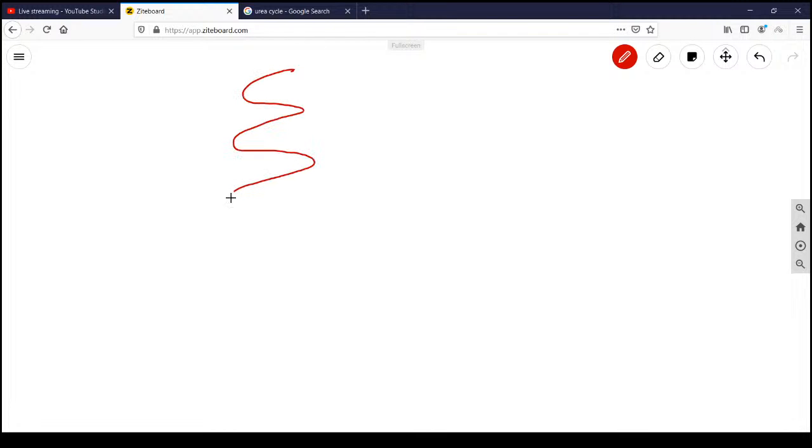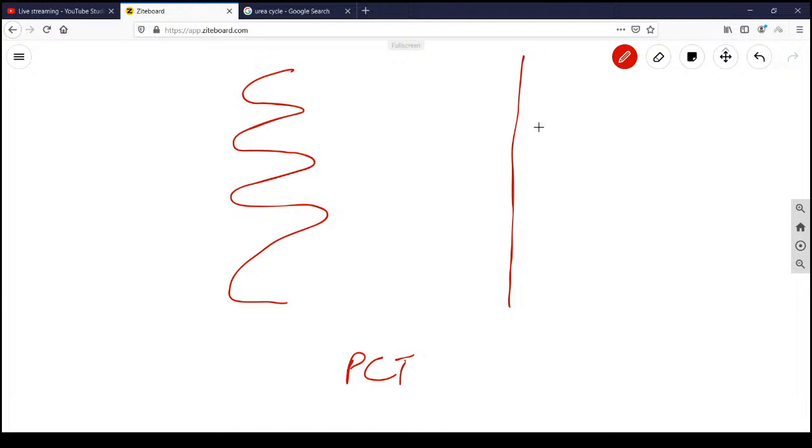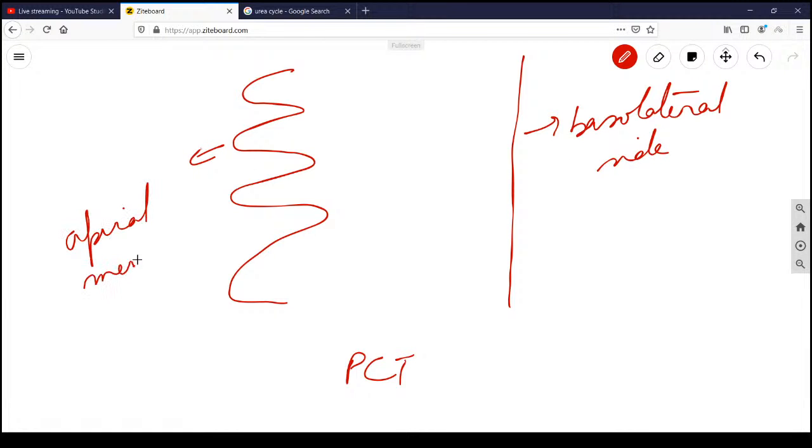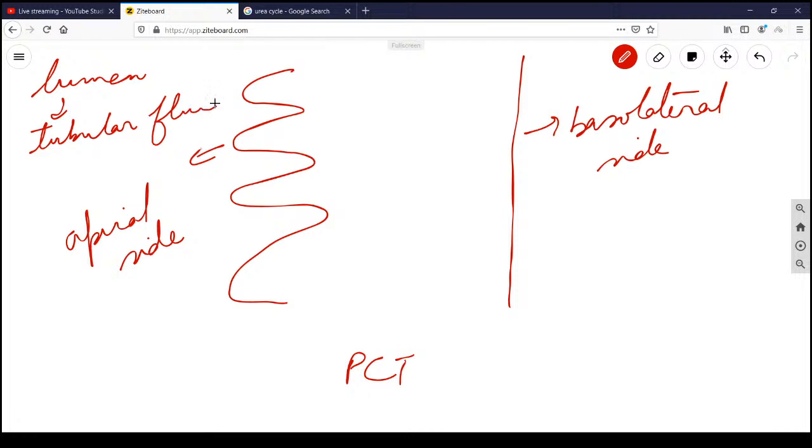We had just talked about the SGLT2 transporter in the PCT. So this is the lumen, this is the tubular fluid, and this is the peritubular fluid.